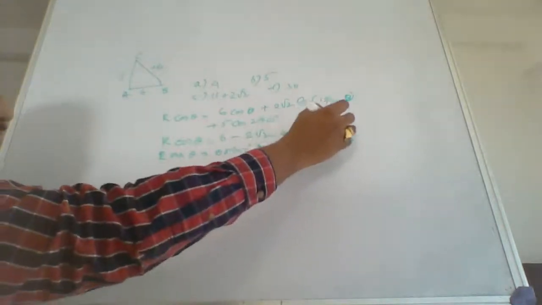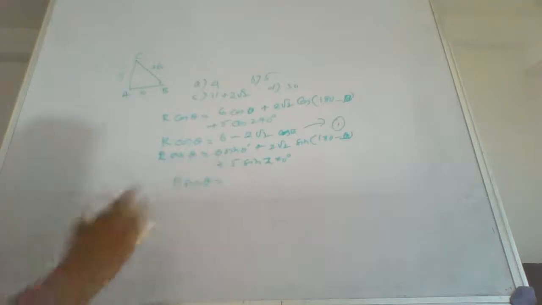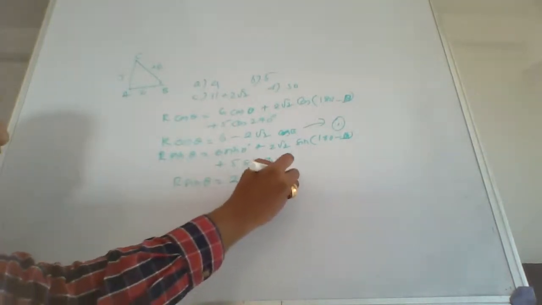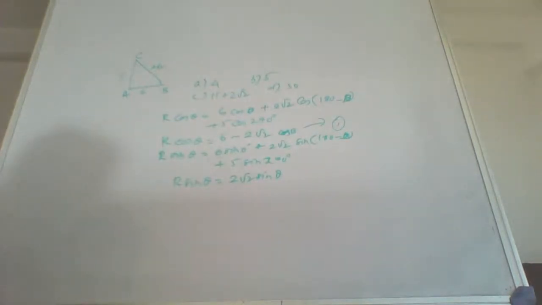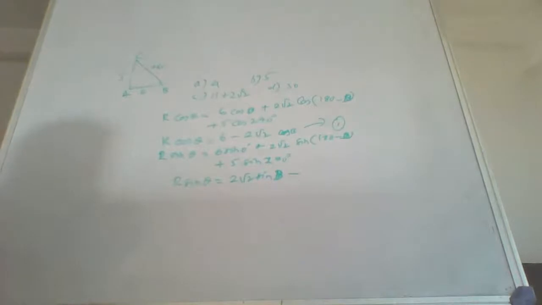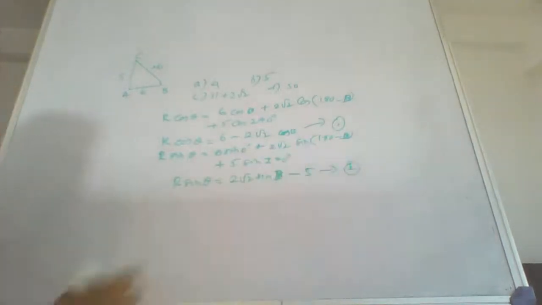Keep this as equation 1. Let me try to solve this. So I get r sine theta equal to 2 root 2 sine b minus 5. Keep this as equation 2.